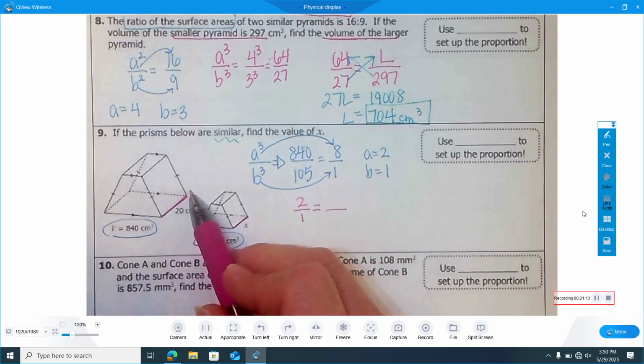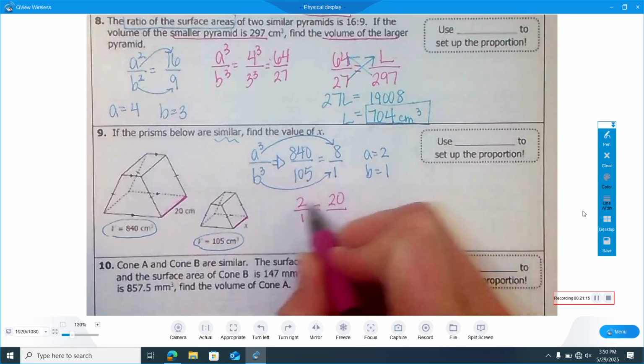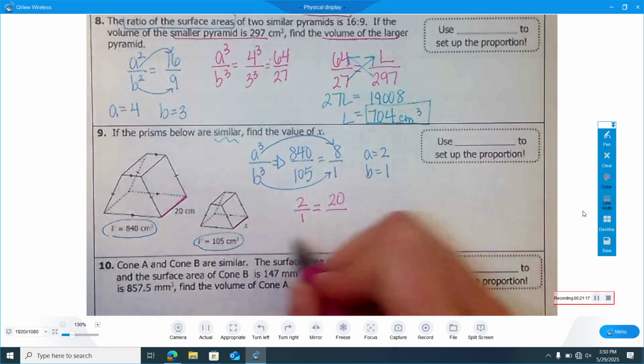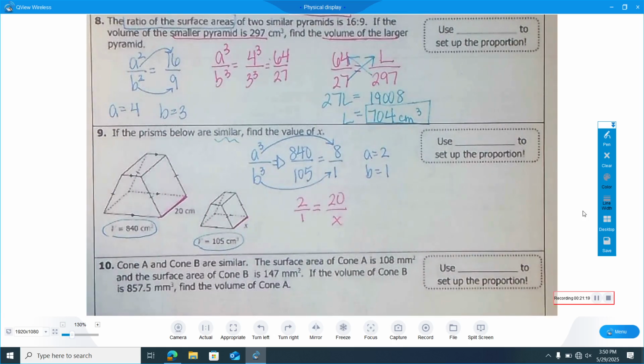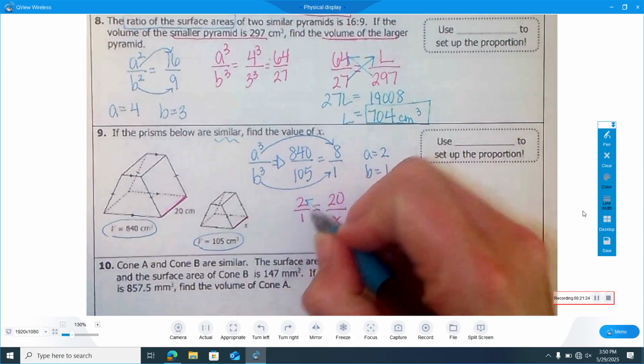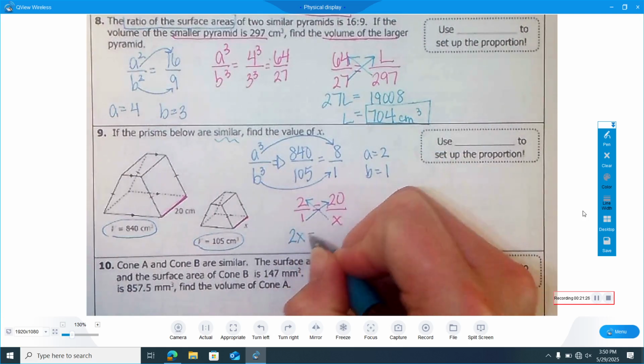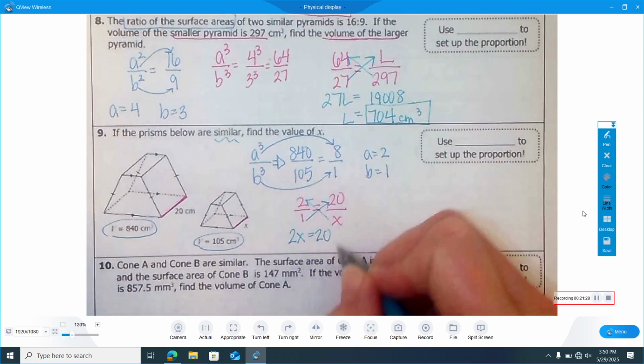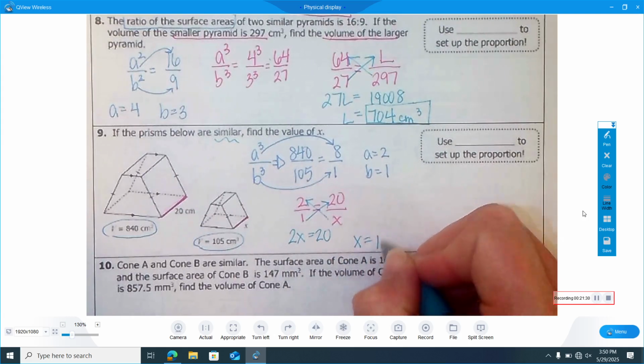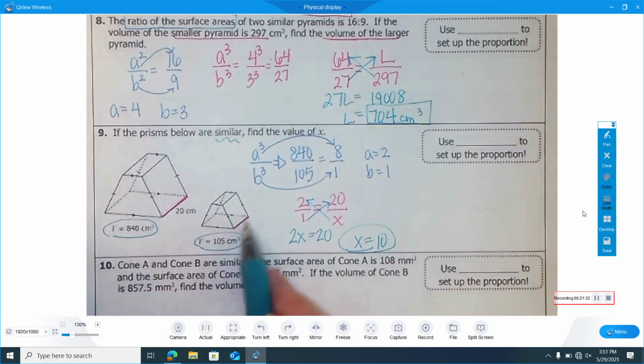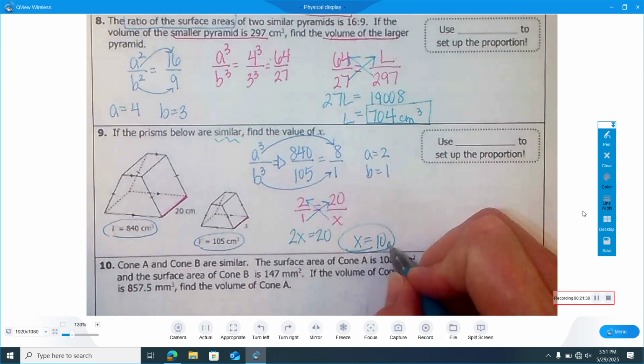And again, I want my bigger length of 20 to match up with my 2 because it's bigger, and my x is going to go on the bottom. I'm going to cross multiply. So 2 times x is 2x equals 20. Then divide by 2, I get x equals 10. So the length of that piece of our prism is 10 centimeters long.